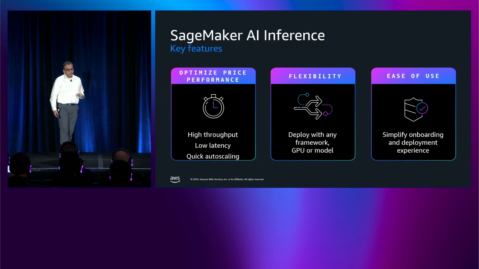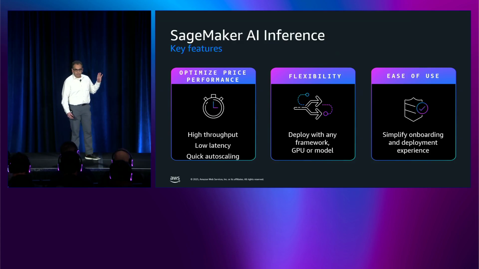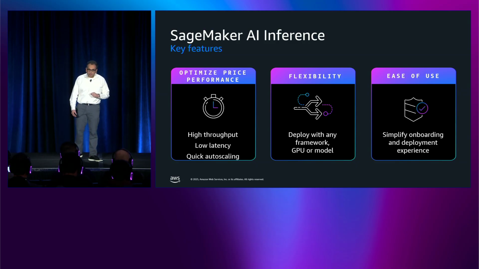The second pillar for us is flexibility. One thing that Vivek was hinting towards is, you can bring any model. A model releases today. If those weights are available in Hugging Face, download it, do the deployment. You can deploy with any framework. You can deploy with any GPU instance that you have access to. And last but not least, ease of use is very important for us.